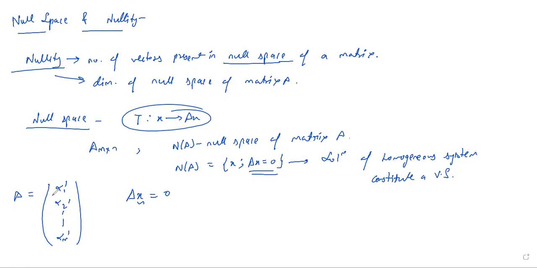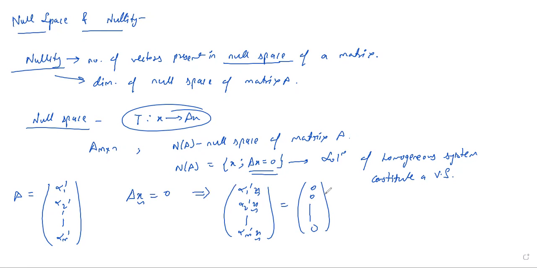If I multiply A to the vector x, then I would get alpha 1 dash x, alpha 2 dash x to alpha m dash x, and that will be equal to 0, 0, 0. So from this you can see that x is orthogonal to any row of A.